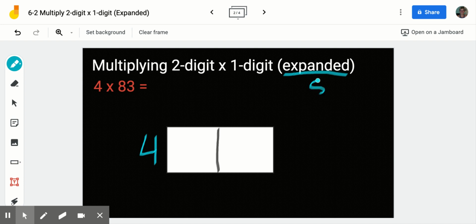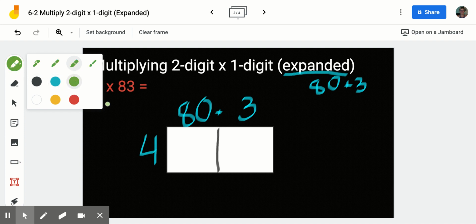So 83 broken apart is 80 plus 3, because I have 8 in the tens section and 3 ones. So I'm going to put that number on the top. I can do 80. I can put my little plus sign to remind me that I have to add these parts up later.